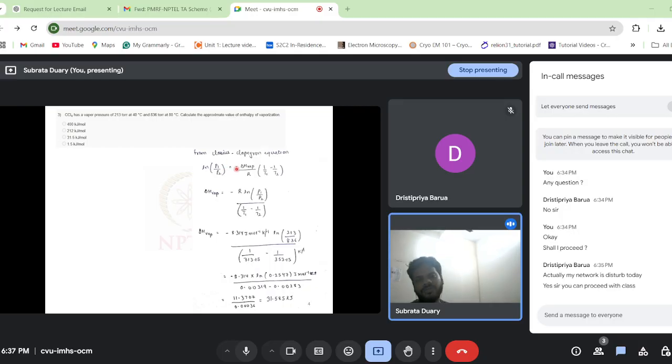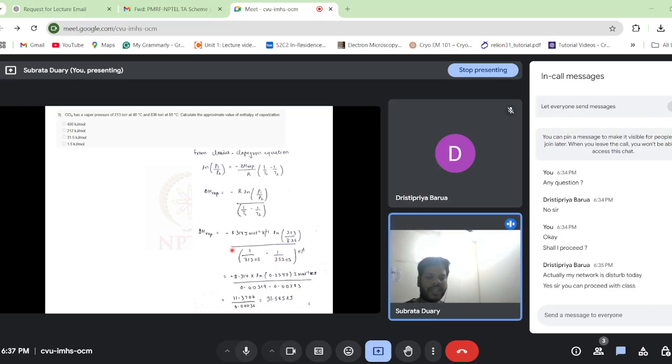So if you do all the calculations, delta H vaporization is coming minus R into ln p1 by p2 by 1 by T1 minus 1 by T2, and this can be calculated with the help of this equation, where R equals 8.314 joule per mole per Kelvin, ln 213 by 836, and 1 by 313.15 minus 1 by 353.15.